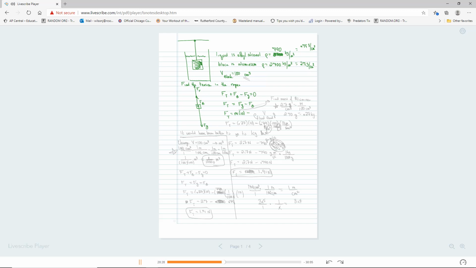Yep. We got to find the mass of the block, right? So to find the mass of the block, I'm like, oh, I can't do that yet. Find mass of aluminum. So that would be density equals mass per volume.